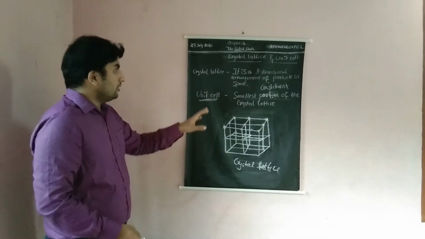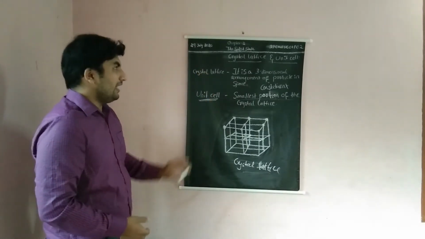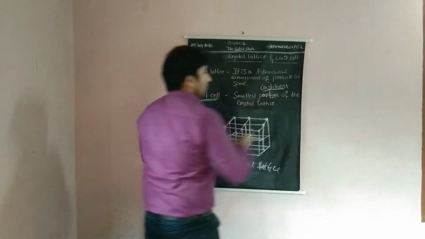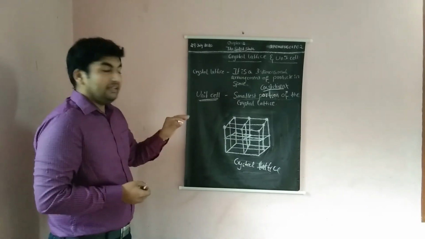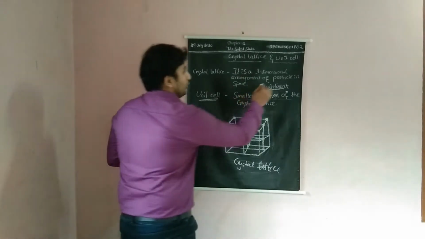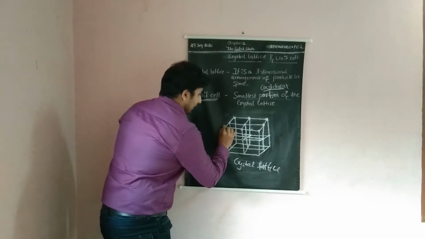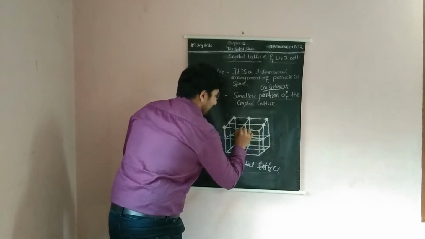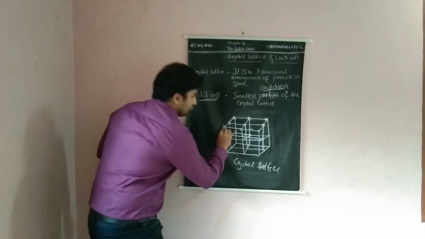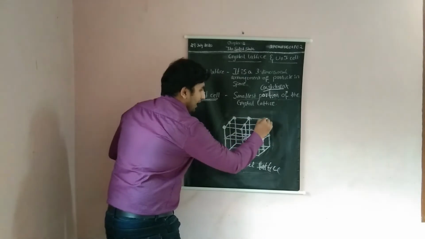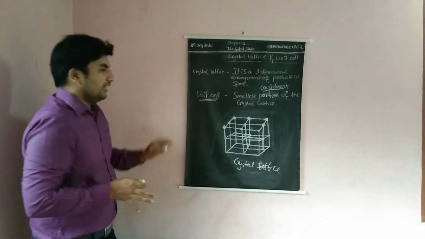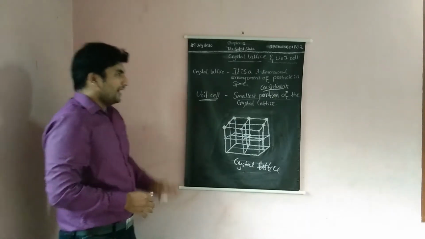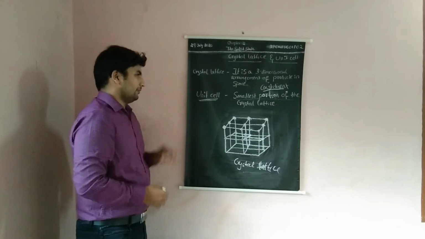I will explain. It's a three-dimensional arrangement of constituent particles in space. Constituent particles arranging in a regular manner in space. See, these constituent particles are arranged in a regular manner in space, that is a three-dimensional arrangement of particles in space.